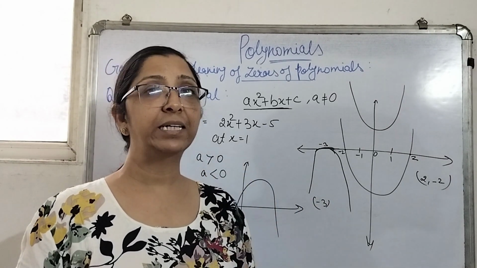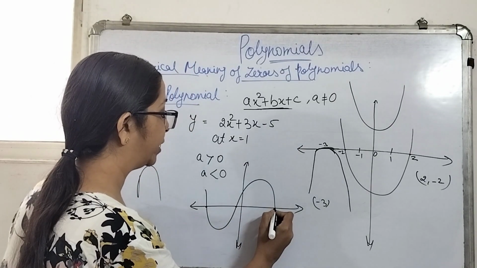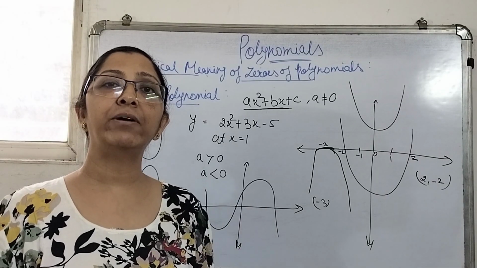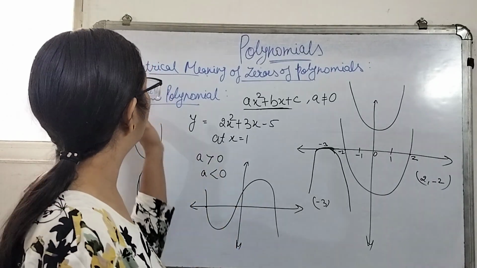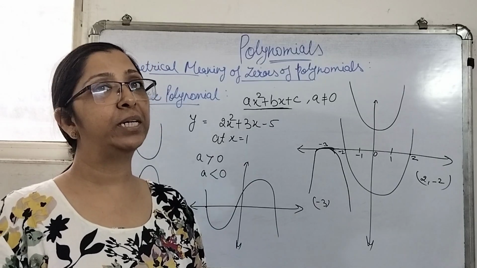If it is intersecting at 1 point, then it will have 1 zero. And exactly the point at which it is intersecting the x-axis will give us the value of the zero. This is how, by geometrical representation also, we can come to know what the zero of the given polynomial will be.